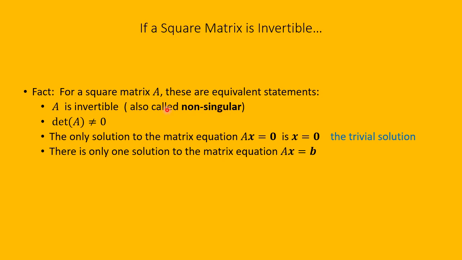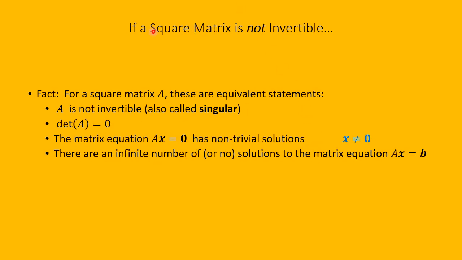If the matrix is invertible, its determinant turns out to be not zero. Also, for an invertible matrix, the only solution to the matrix equation AX equals the zero vector is X equals 0. And also, for matrices that are invertible, there's only one solution to the matrix equation AX equals B.